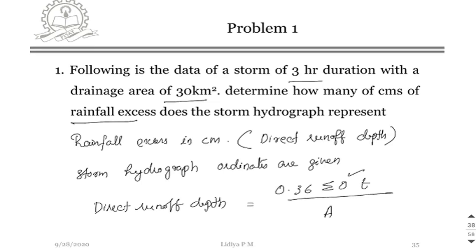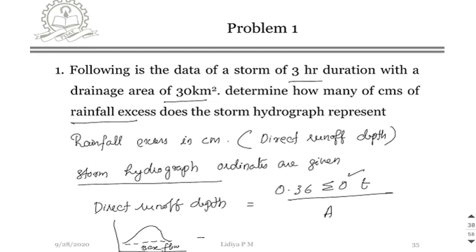So time and area are also known. We have to calculate sigma O. How to calculate sigma O? In this case, we have the storm hydrograph, and the base flow is also given in the question. In order to calculate the direct runoff hydrograph, first you have to remove the base flow from the storm hydrograph.